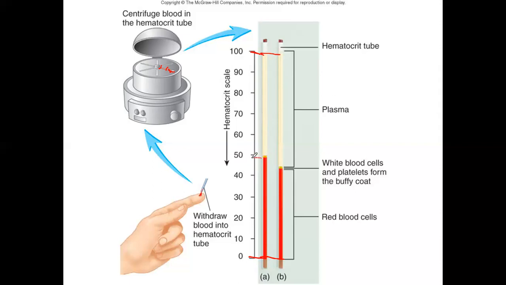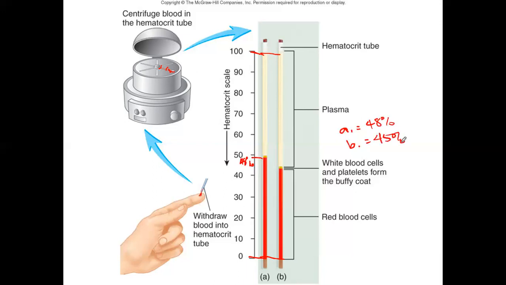What's the hematocrit? Yeah, it looks like it's about 48% probably. So hematocrit for A would be 48%. Actually, that's right here. Sample A is 48%. What about sample B? Sample B looks like it's about 45%, right?